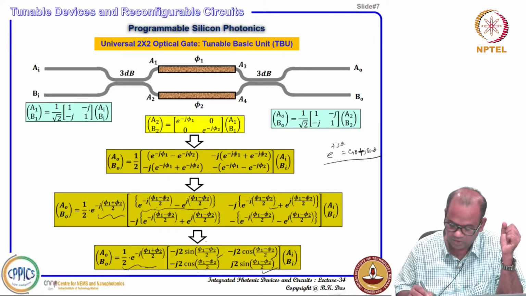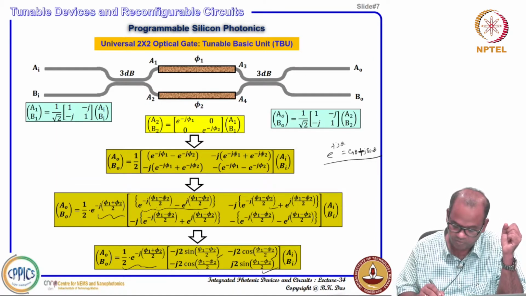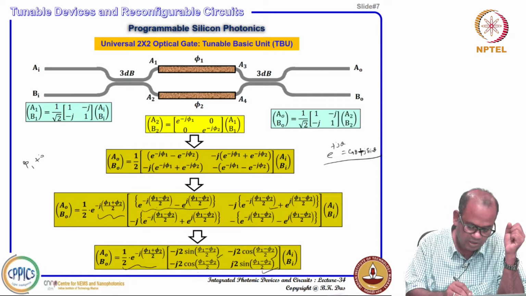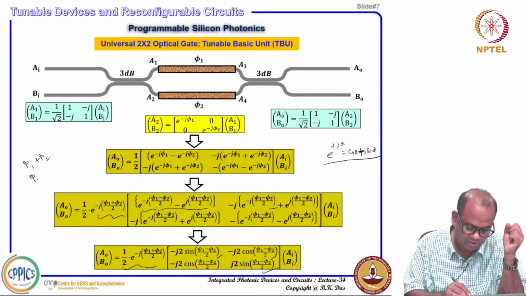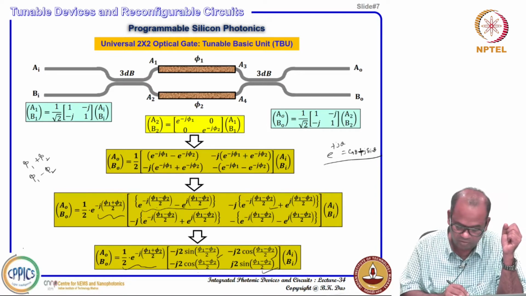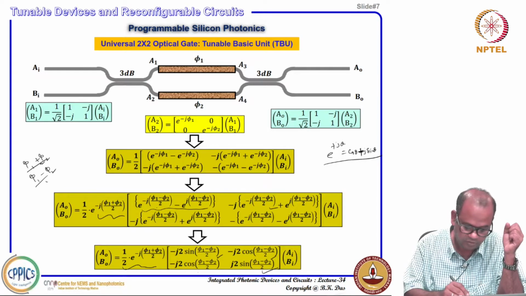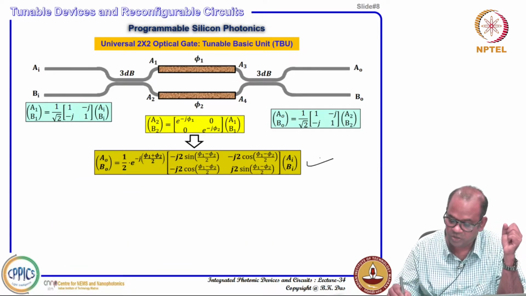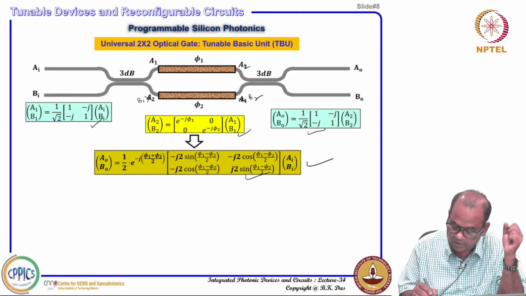Okay. So, we just introduced two different variables instead of phi 1 and phi 2: the sum of the phases and the difference of the phases, and of course divided by 2, that is it. Now, let us see, we just reproduced it here. Now, what we do, you see, minus j 2 we can factor outside.